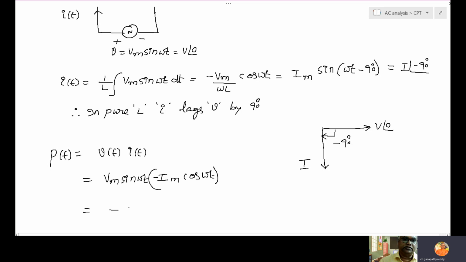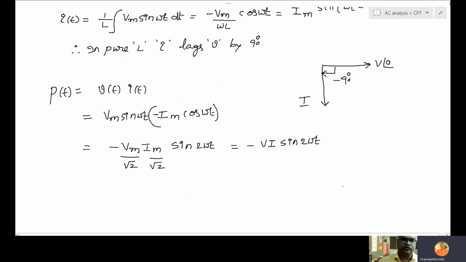This is minus Vm Im sin omega t cos omega t, which is nothing but sin 2 omega t by 2. By 2 is root 2 into root 2, so which is minus VI sin 2 omega t.